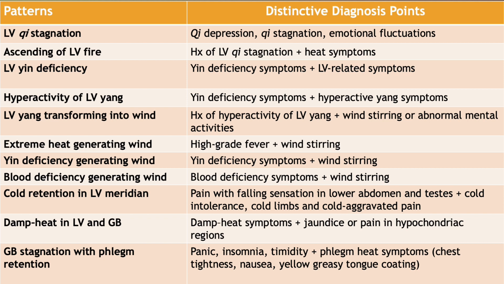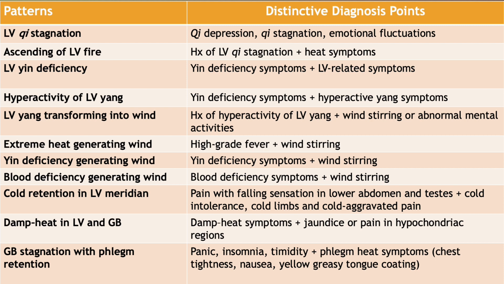Extreme heat generating wind: we have high-grade fever plus wind stirring. Yin deficiency generating wind: yin deficiency symptoms plus wind stirring. Blood deficiency generating wind: blood deficiency symptoms plus wind stirring. Cold retention in the liver meridian: pain with falling sensation in the lower abdomen and testes, plus cold intolerance, cold limbs, and cold aggravated pain.